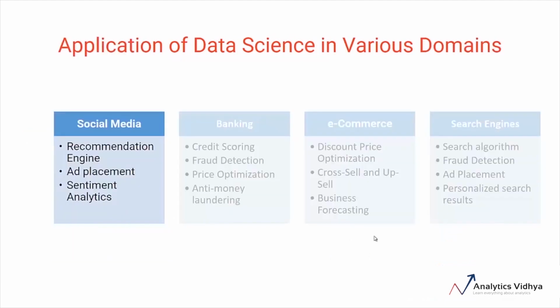A few more examples of applications of data science on social media sites include placement of various advertisements to optimize the revenue or performing sentiment analysis about what the users are saying. So the next time you are served an advertisement on any of these sites, remember it was based on the recommendations and the data science and machine learning at the backend to come out with the recommendation that this advertisement should be served to you.